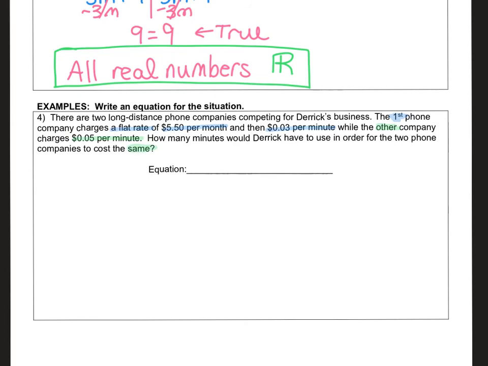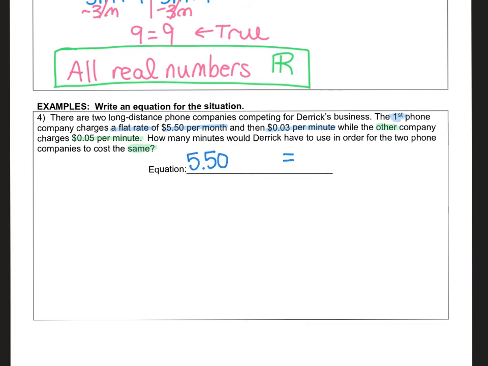So what we are comparing is the first company to the second company. We want them to be equal. So to write our equation, we have to figure out the first company. So when they tell you a flat rate, that means one time. We're only looking for a month at a time. So he's going to pay for that month a one-time fee of $5.50.